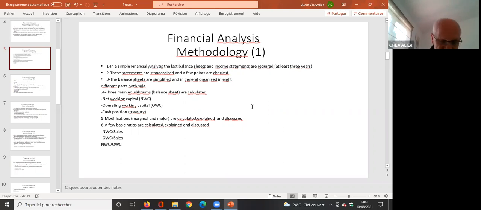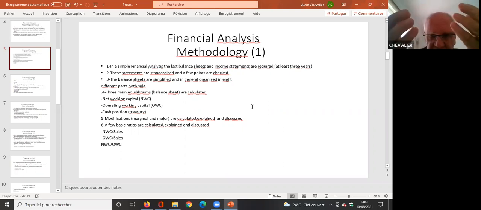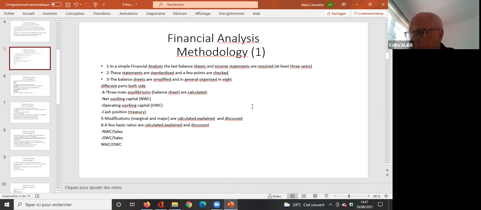The first question is, what do you need to start with a financial analysis, a simple financial analysis? What kind of documents, data? The answer is very simple and common in a large part of the countries of the world and among the financial analysts, and the basis is balance sheets and income statement, at least for 3 years.